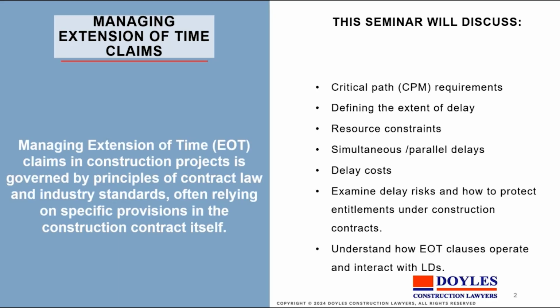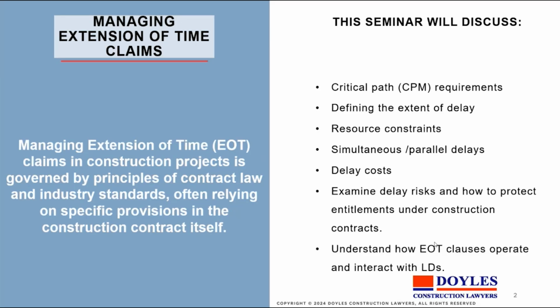So if you look at critical path methods, you've got to define the extent of delay. You've got to look out for any resource constraints. That is, if you've only got one particular machine that's necessary for the work and that machine is out of action, then of course there'll be a problem on the site in terms of delay. Simultaneous and parallel delays we'll look at, as well as delay costs.